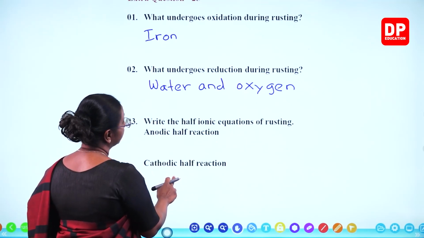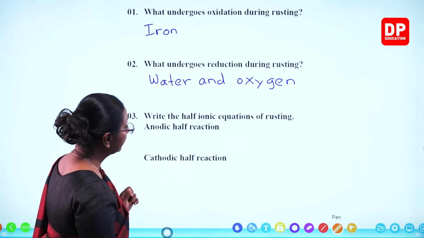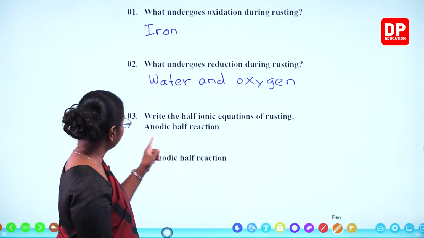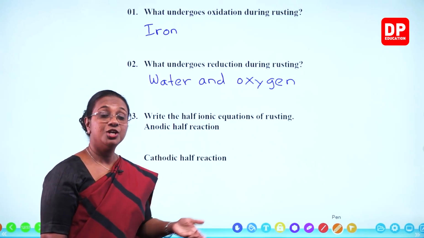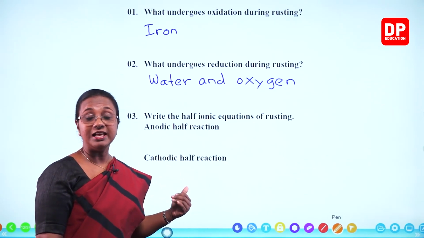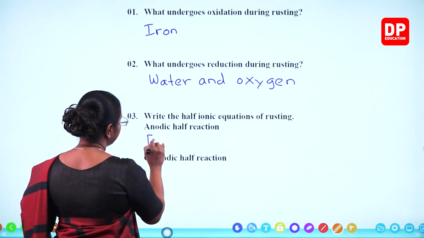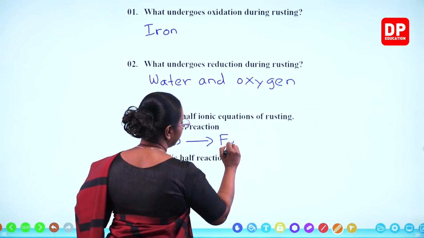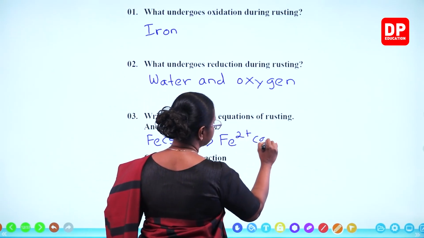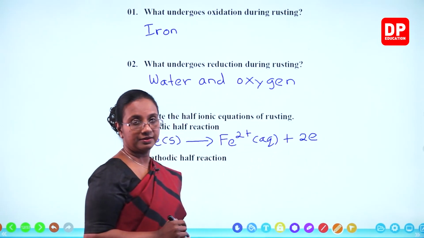Then the third part of the question, write the half ionic equations of rusting. They want you to write the anodic half reaction and the cathodic half reaction. That also I explained to you all in the previous question. So anodic half reaction, Fe solid becomes Fe2 plus aqueous, losing 2 electrons.